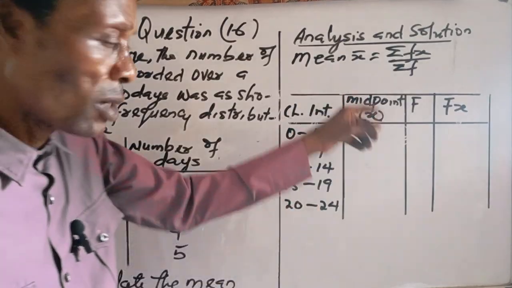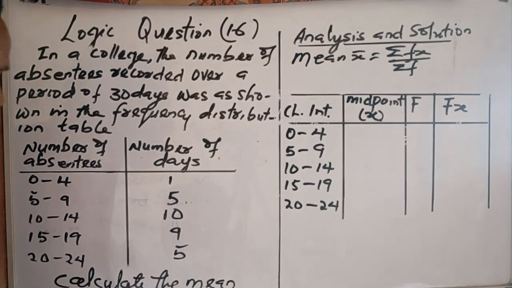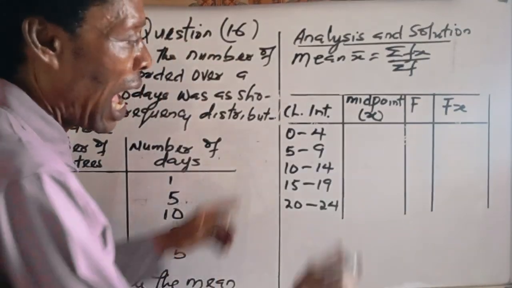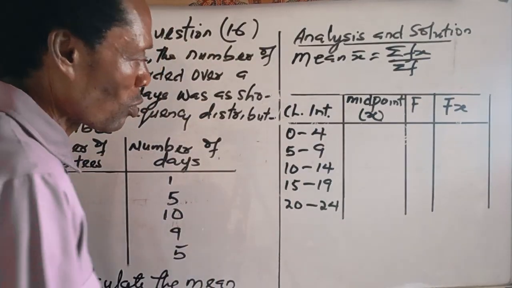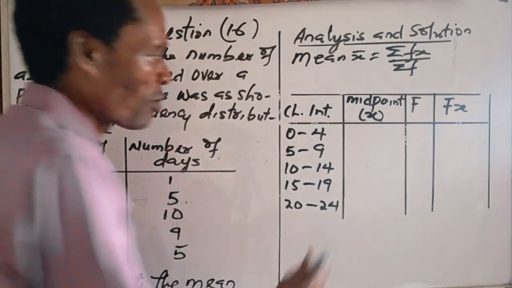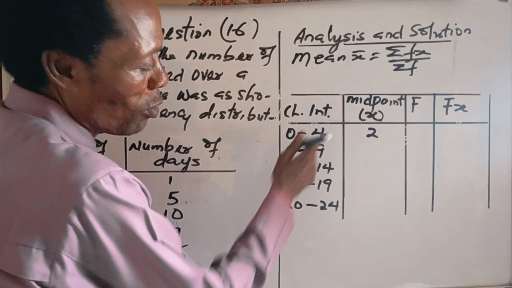To calculate the midpoint, you add the lower limit and the upper limit together, then you divide by 2. That is 0 plus 4 gives 4. 4 divided by 2 gives us 2. So the midpoint of 0 to 4 is 2.